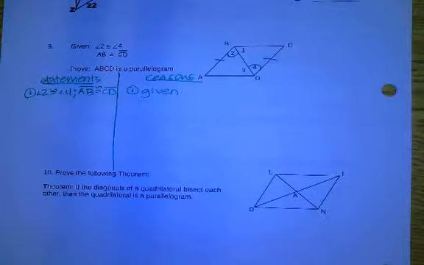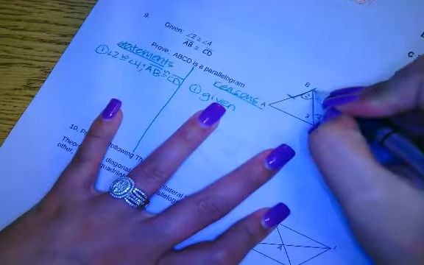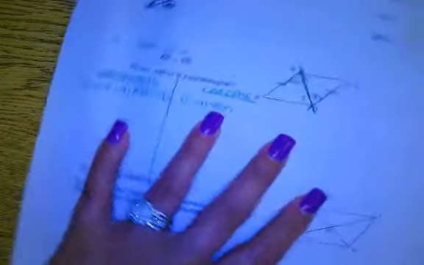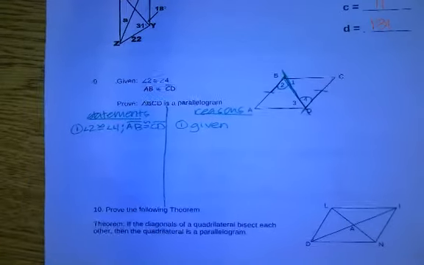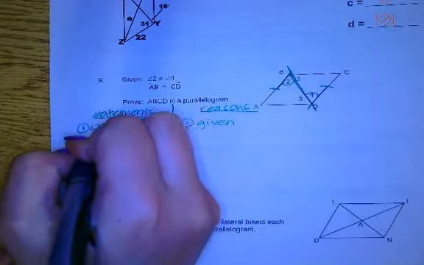So, Austin, I'll pick your brain then. So 2 and 4 are alternate interior angles. Yes. So what does that tell you about some of your segments? Which sides have to be parallel in order for those to be alternate interior angles? BA and CD. So BA and CD have to be parallel, not congruent, parallel.